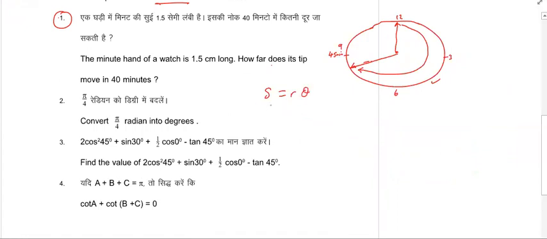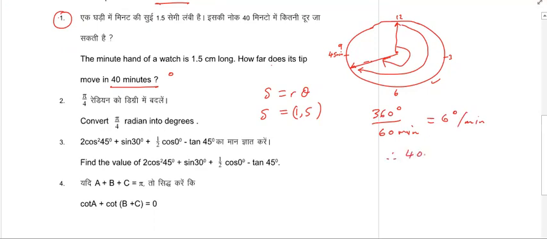The minute hand of a watch is 1.5 centimeters long. So your radius is 1.5. When you calculate S, in 40 minutes, we want to know the actual angle from here to there. So we can take 360 degrees and divide it by 60 minutes, which will give us 6 degrees per minute.